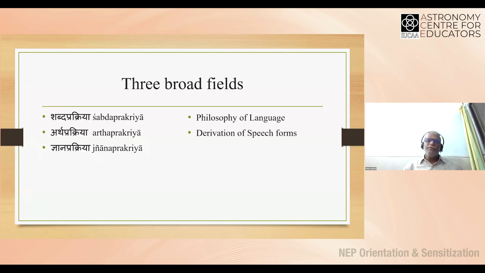And also derivation of speech form. This is extremely important because there are variations in various forms, various words, and those variations need to be also justified in a rule-based system. For example, in English, if we consider ed as a generic suffix which denotes past tense, then the system must have some scope to account for the variations where ed is not used.